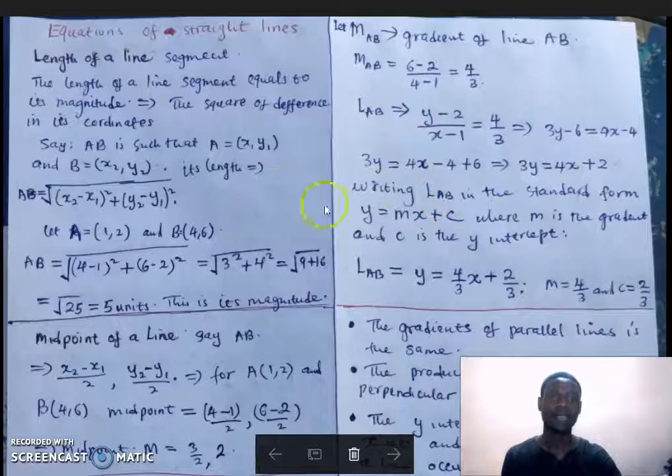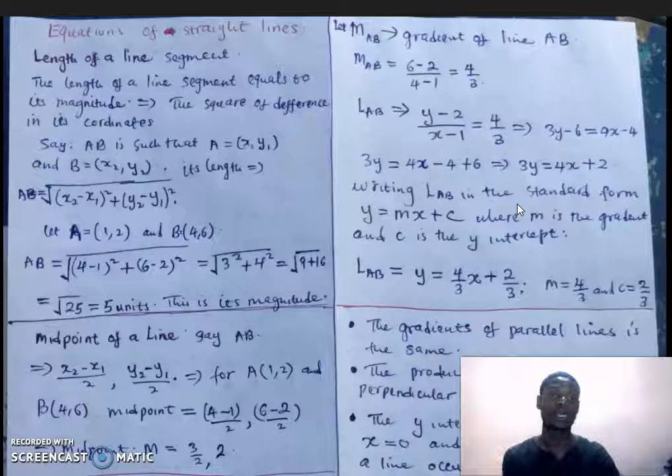Writing the line AB in standard form, where the standard form is y equals mx plus c, where m is the gradient and c is the y-intercept of that line, or the constant point where the line cuts the y-axis.